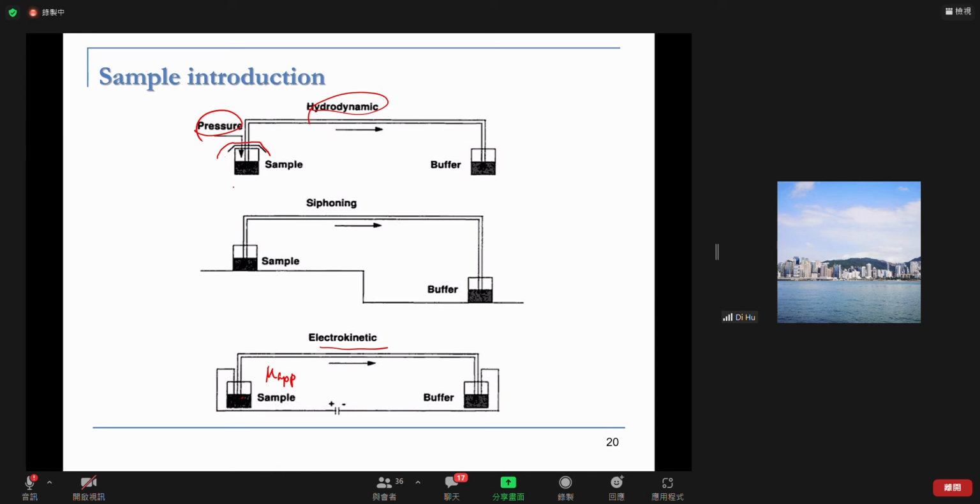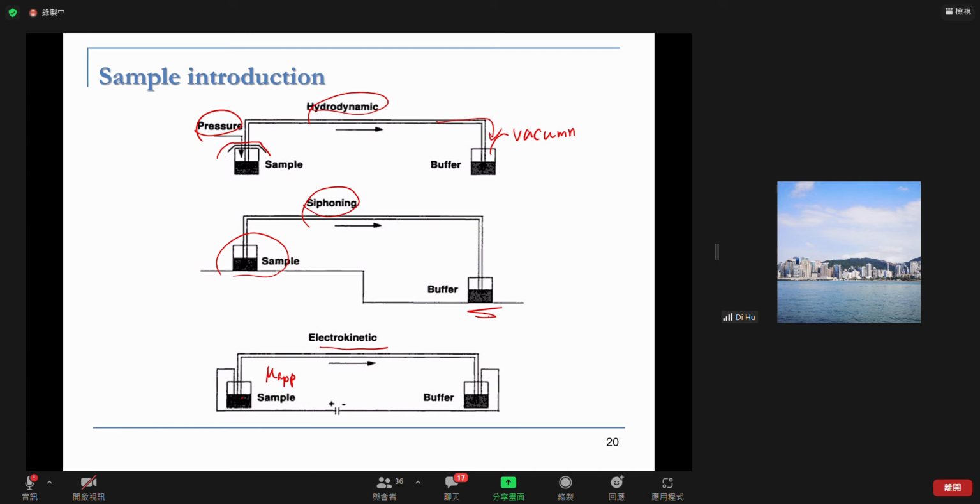But you can also apply a vacuum here, instead of pressure, and that will pull the sample in this direction as well. Or you do siphoning. That means you lift the sample end, elevated to a level higher than the destination vial, and then by gravity some of the sample will be injected.